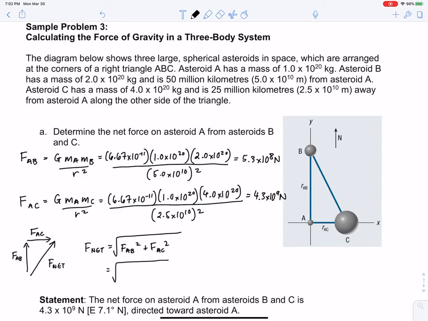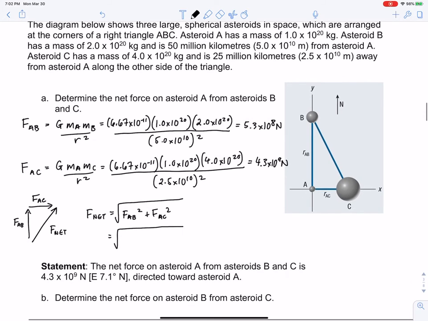It's equal to the square root of 5.3 times 10 to the power of 8 squared plus 4.3 times 10 to the power of 9 squared. If we punch this into our calculator, the net force acting on asteroid A from both of these asteroids is 4.3 times 10 to the power of 9 newtons.